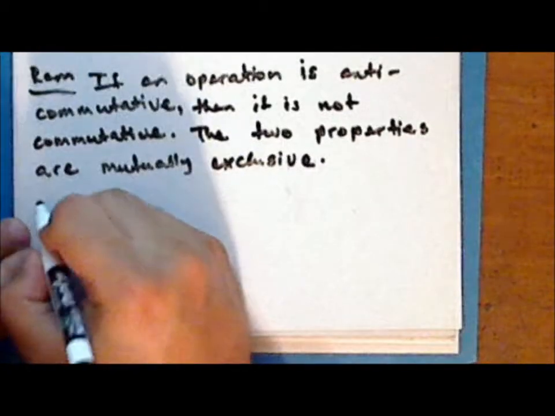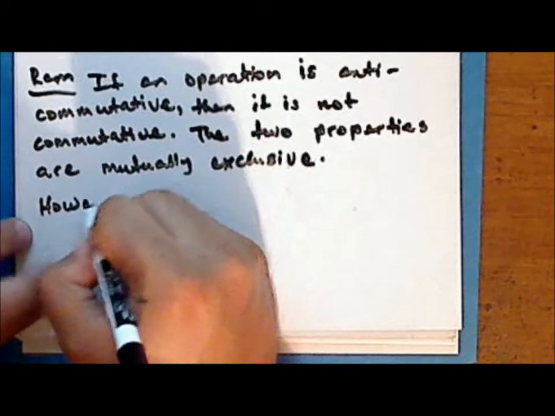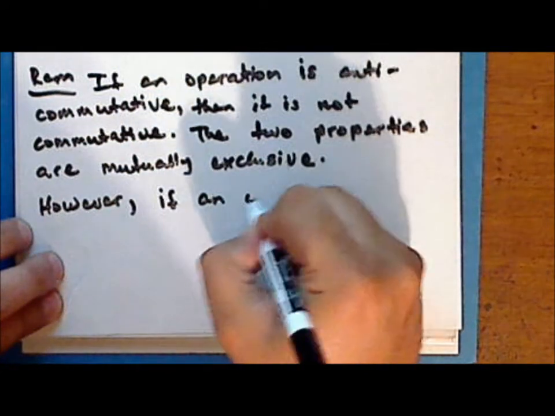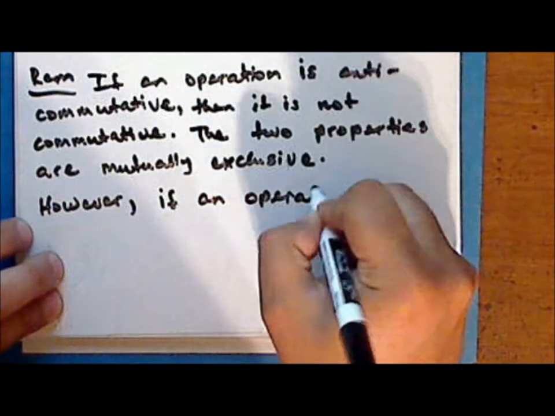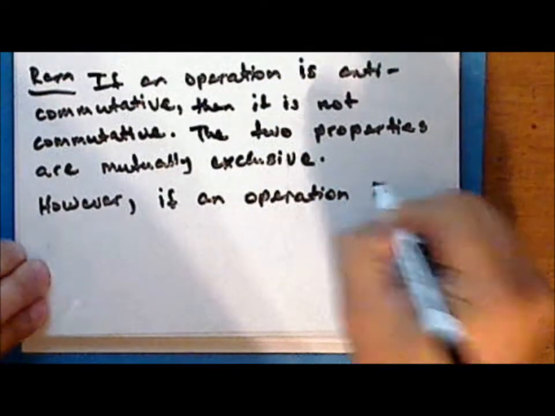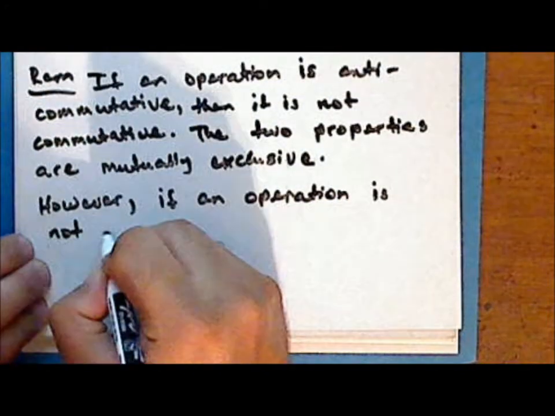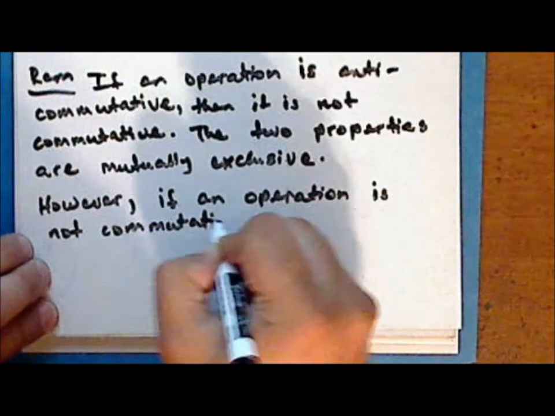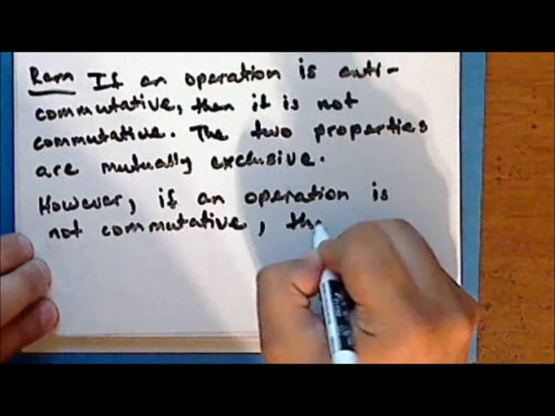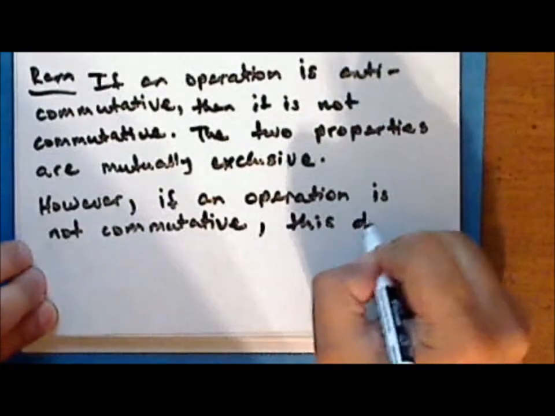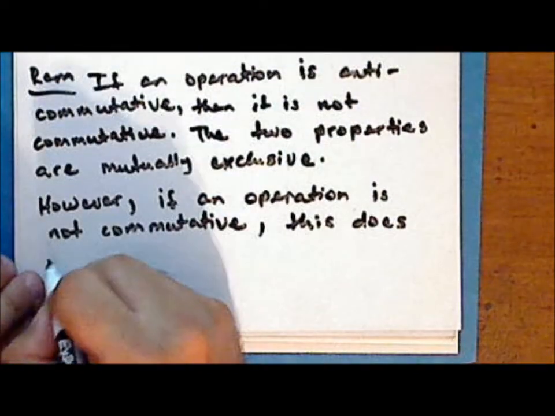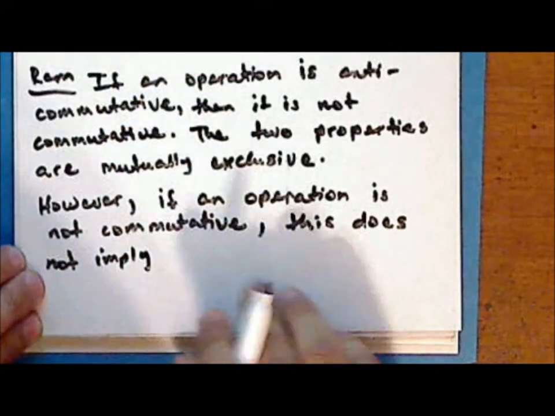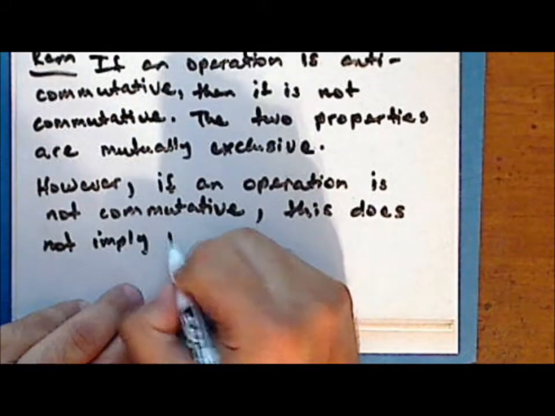However, if an operation is not commutative, this does not imply that it is anti-commutative.